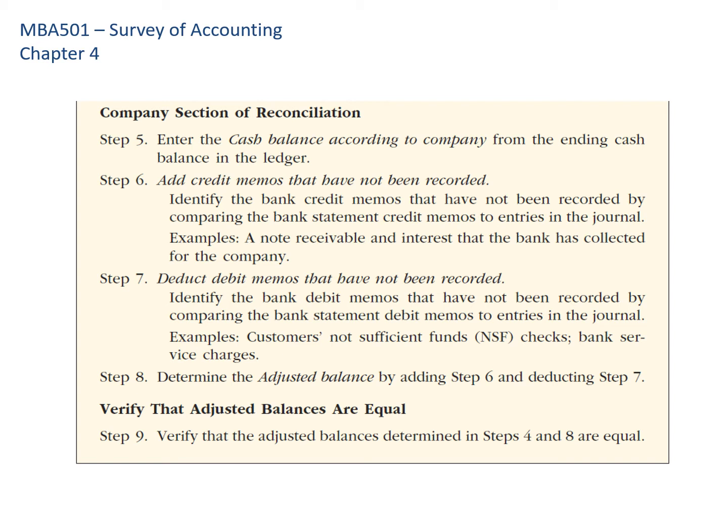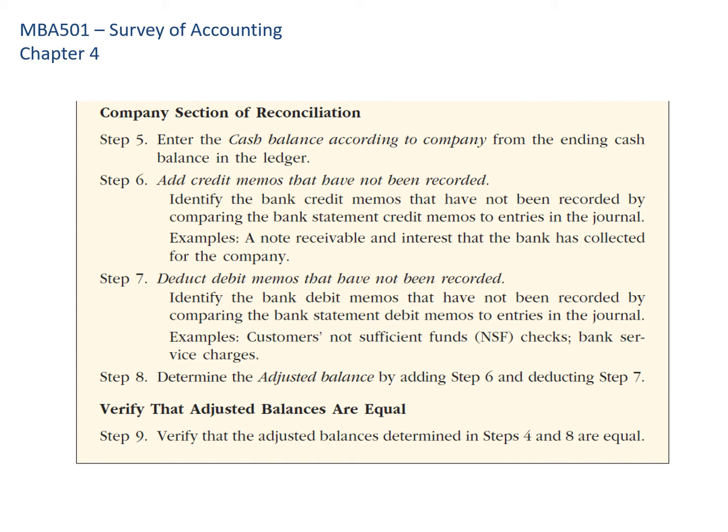And then there might be, which is far more likely, charges that the bank has made against your checking account. And that could be charges for just service charges for having an account there. It could be reprinting checks. It could be when a customer bounces a check to you and it's labeled non-sufficient funds or NSF, the bank will pull that money back out of your account.